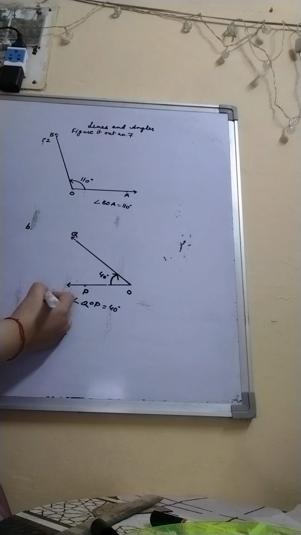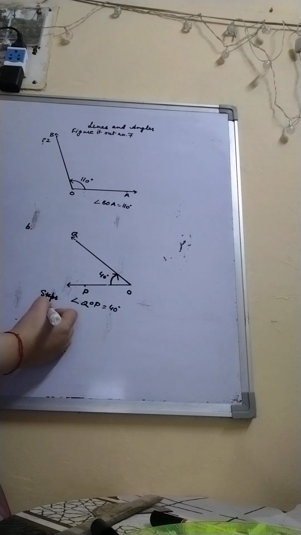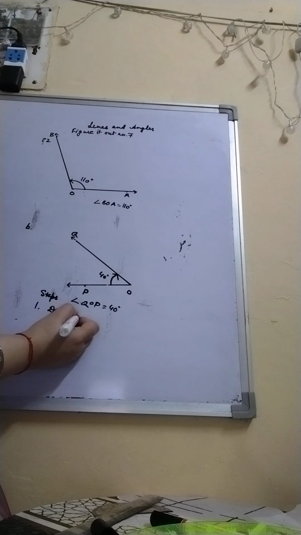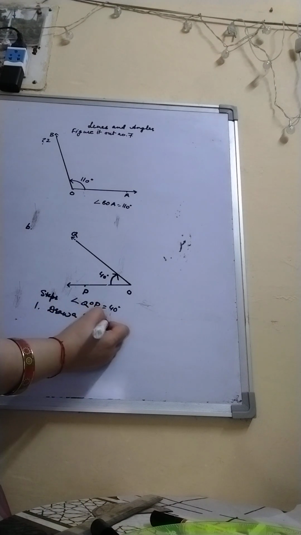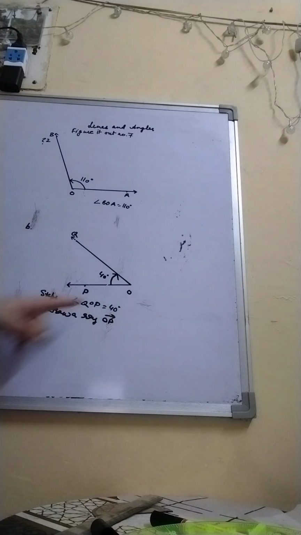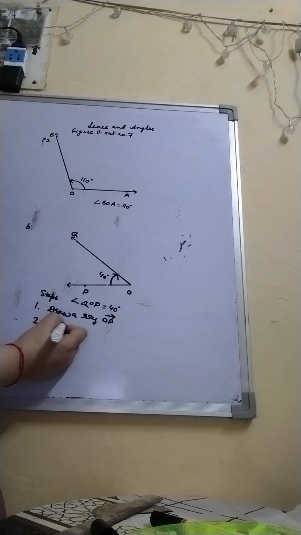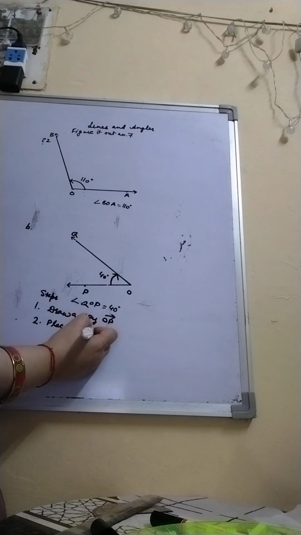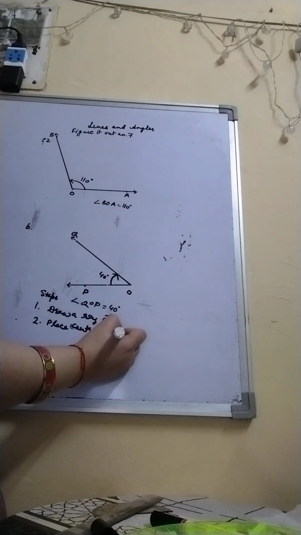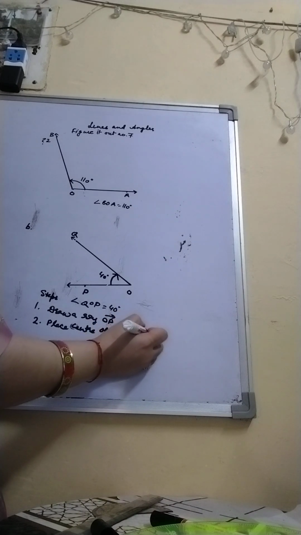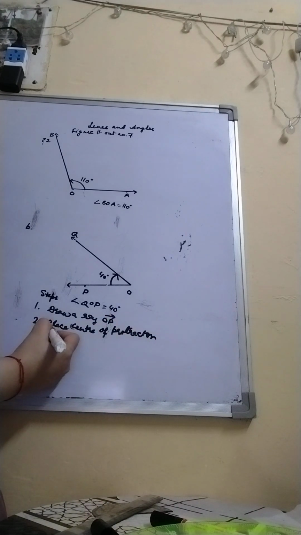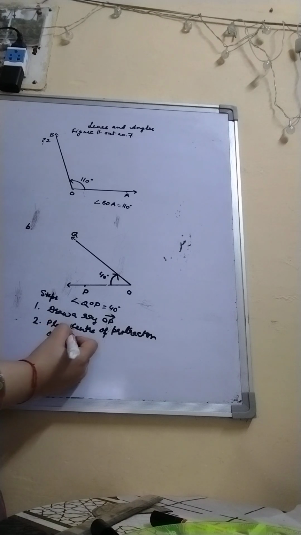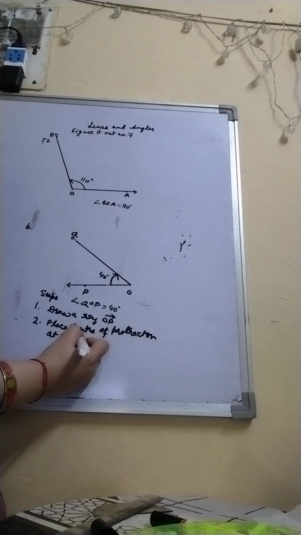First of all, you would write that draw a ray OP. I am writing the steps for this particular angle, 40 degree. Draw a ray OP. Place center of the protractor at O, which is vertex.